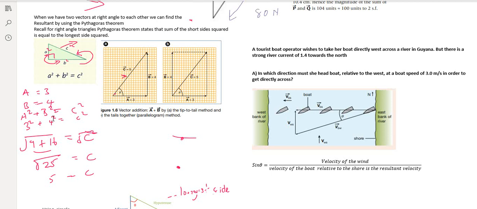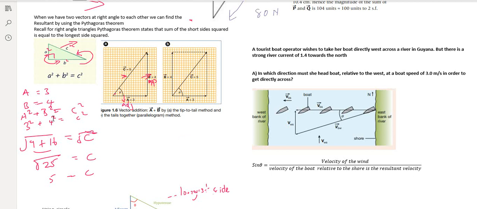So if this is the angle, then this side A is going to be the adjacent. Use ADJ to represent adjacent. Then this side is opposite from the angle, so we call that the opposite, OPP. We know those values already because those were given to us as the magnitude.